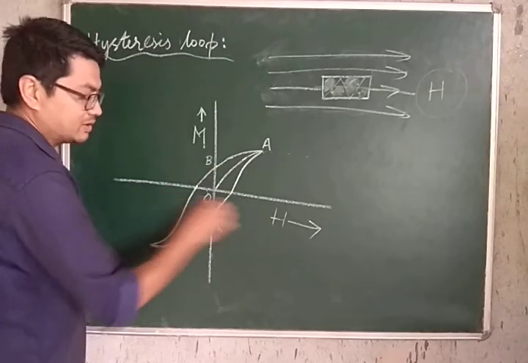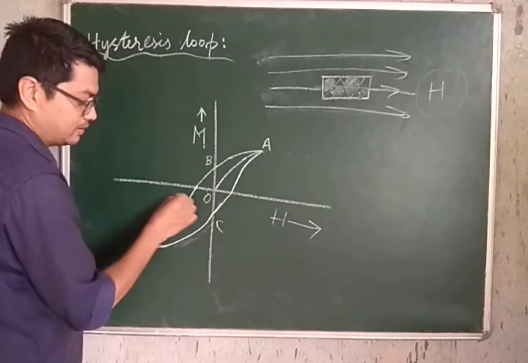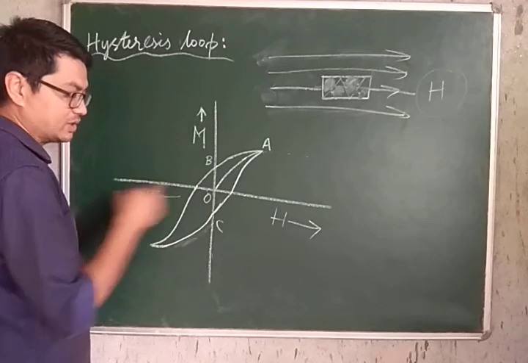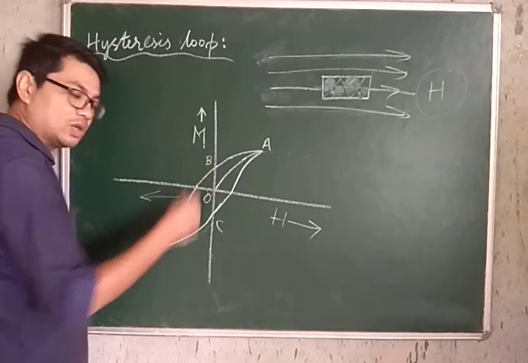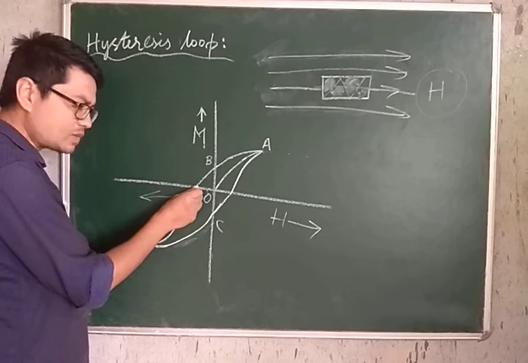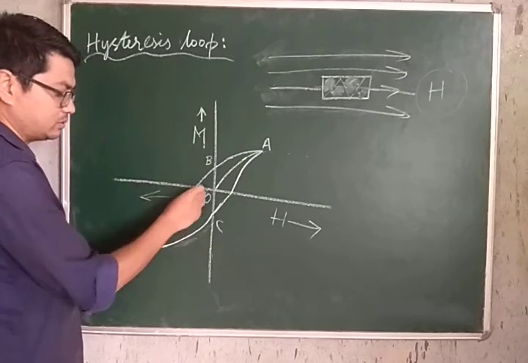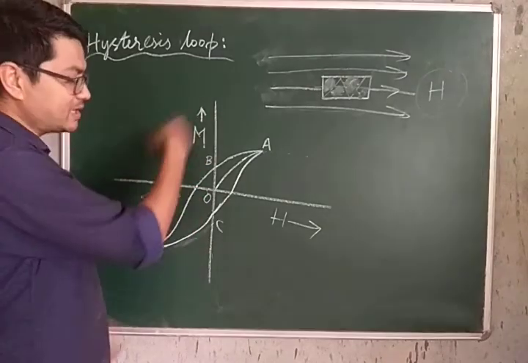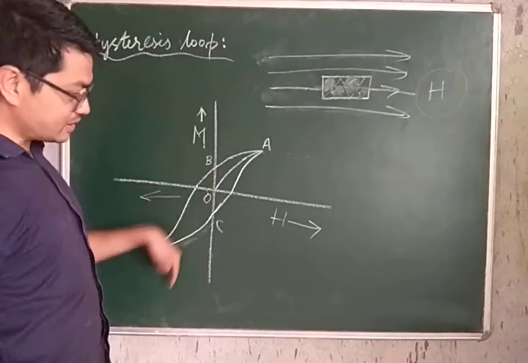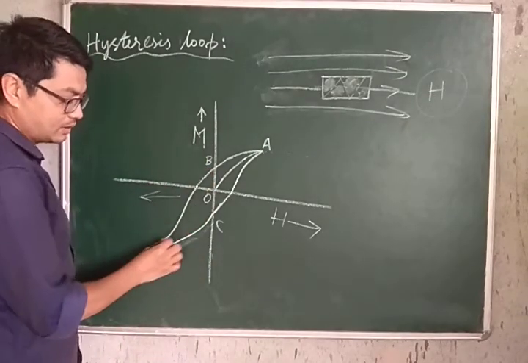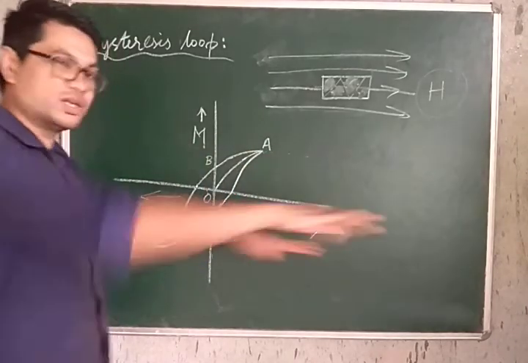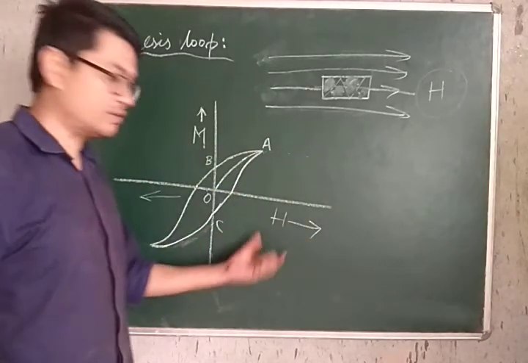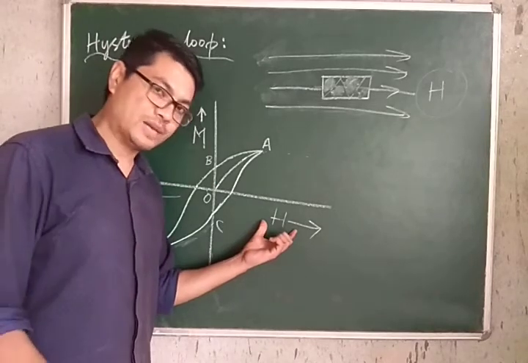You further go on decreasing the value of H, or you increase the value of H in the opposite direction, and the ferromagnetic substance loses all of its magnetic behavior. You further increase H in this direction, then the intensity of magnetization increases in the opposite direction, reaches saturation, and the whole process, you go on changing the direction and magnitude of capital H.